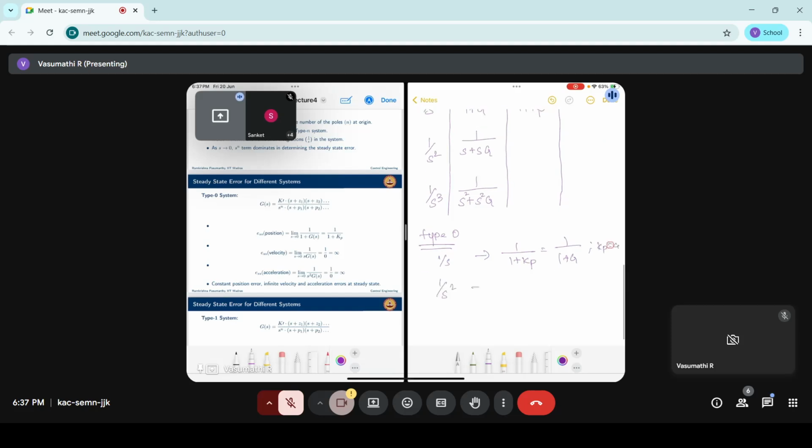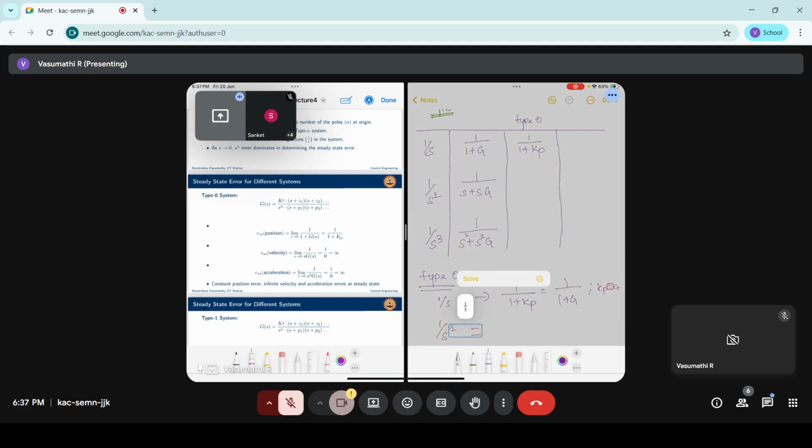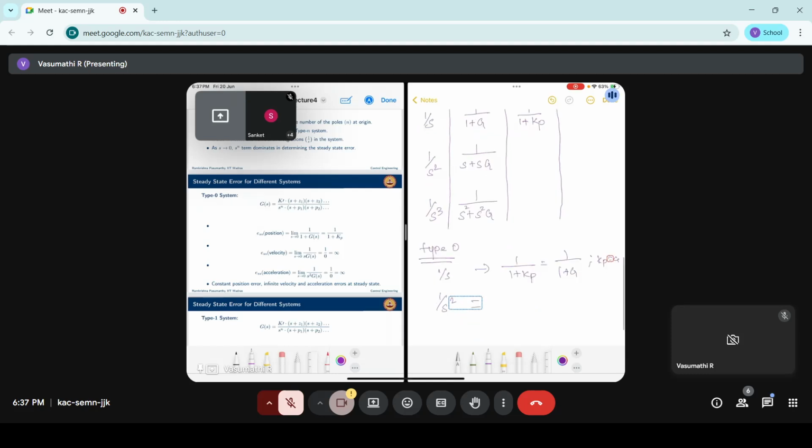When it is 1 by S square, we will stick with the same type 0 system. It will be 1 by S plus SG, where G is the type 0 system. There will not be any S terms to cancel this.